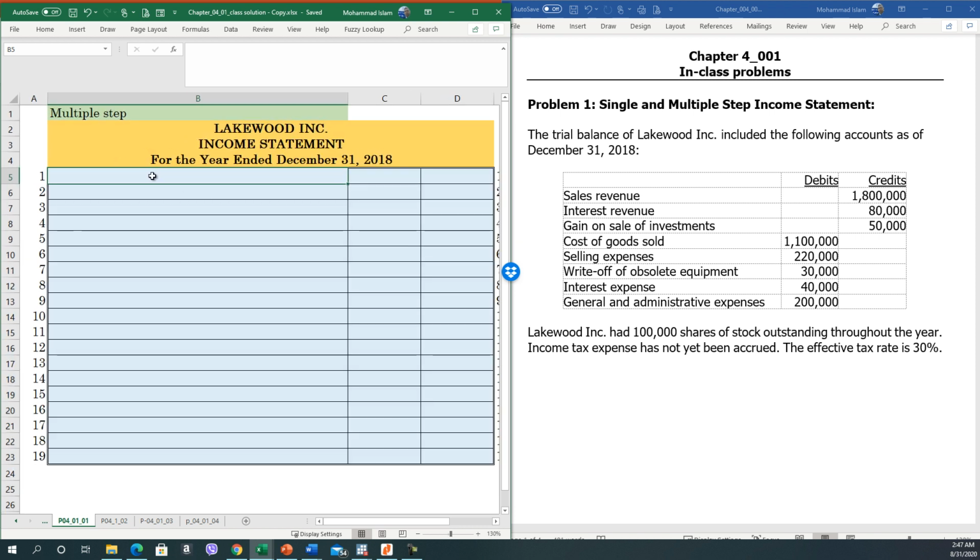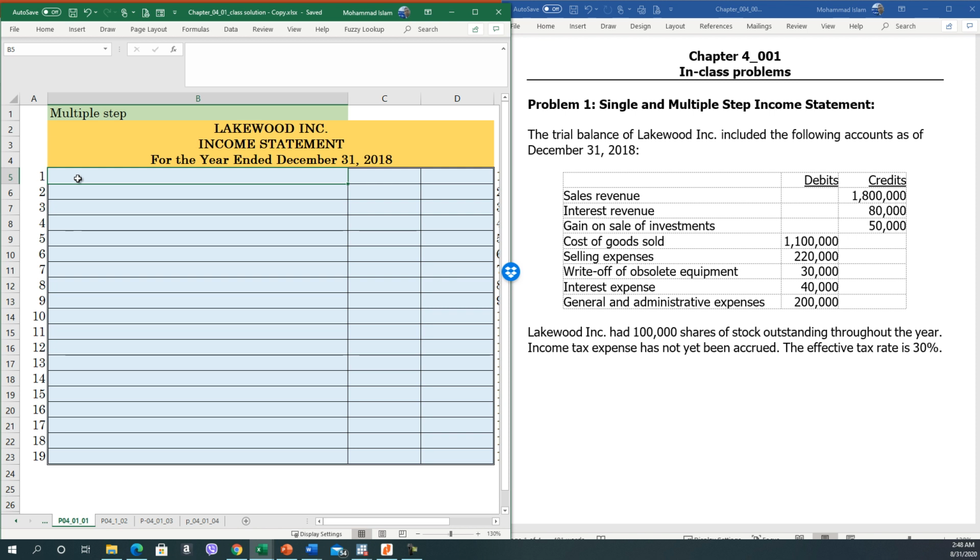Here we go. The first one is the single step. In the single step income statement, as I said earlier, we will sum up all the revenues first and then all the expenses, and subtract the expenses from revenues. Then we will find the net income.